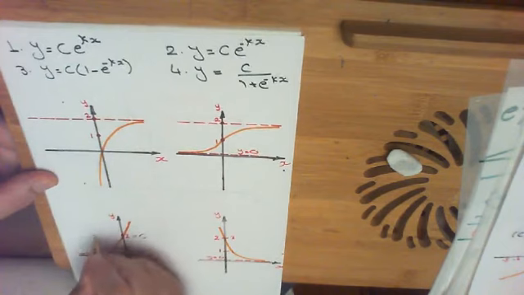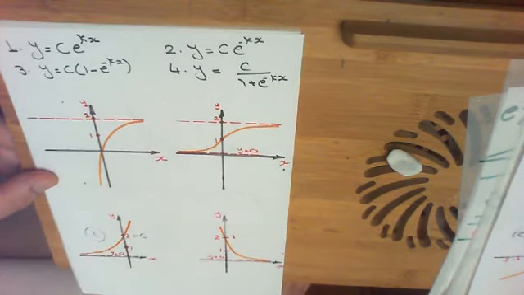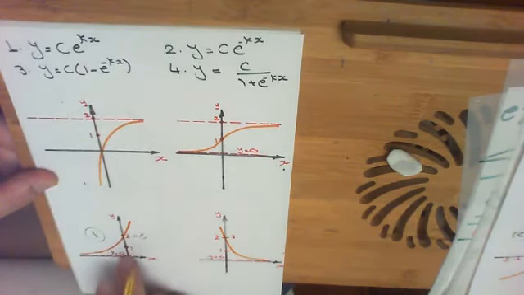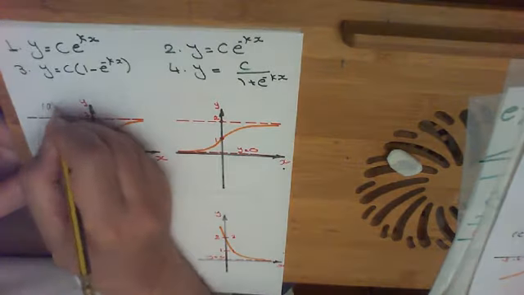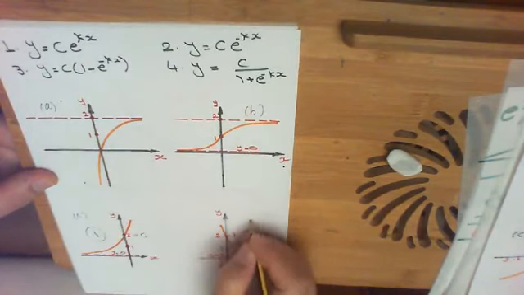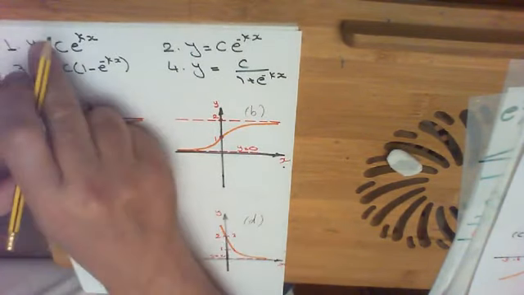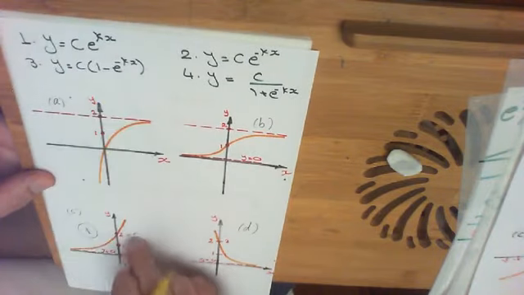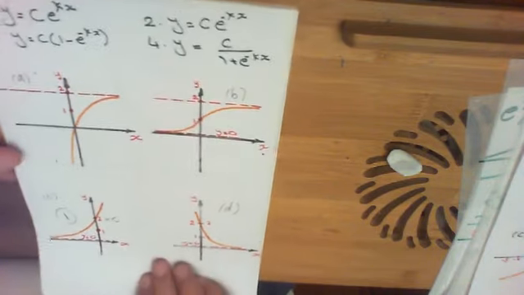This is for equation 1. Okay, so equation 1 matches this graph. Say we have graph A, graph B, graph C, graph D. So equation 1 matches with graph C, and the value of c is 2.